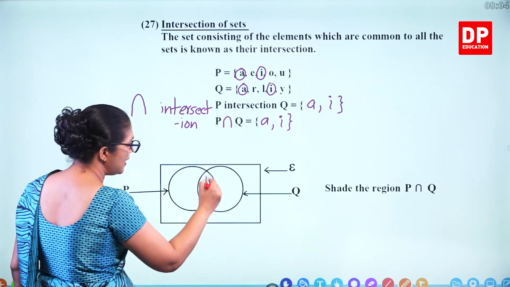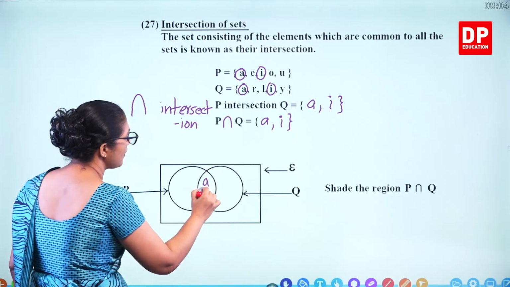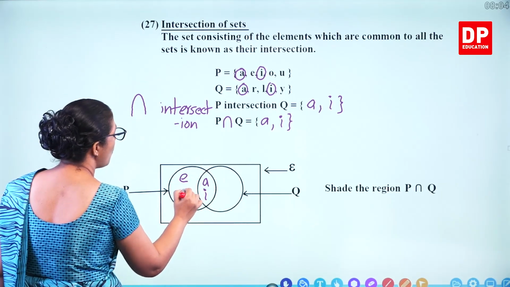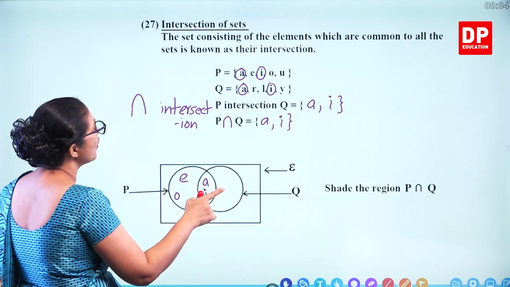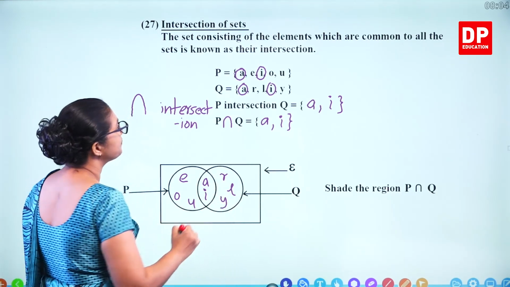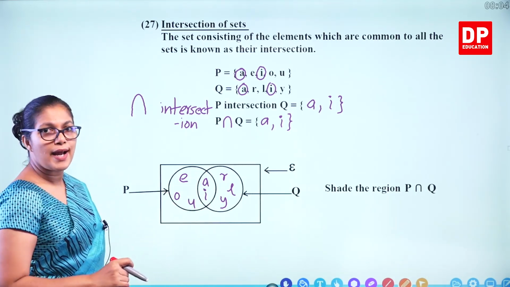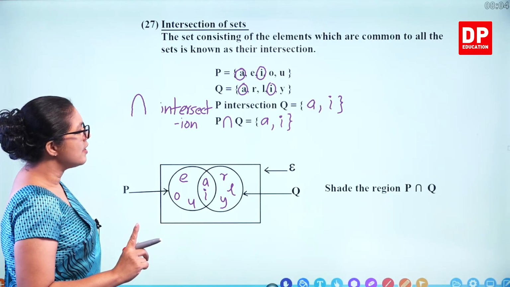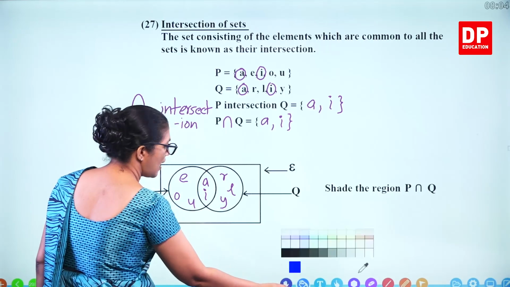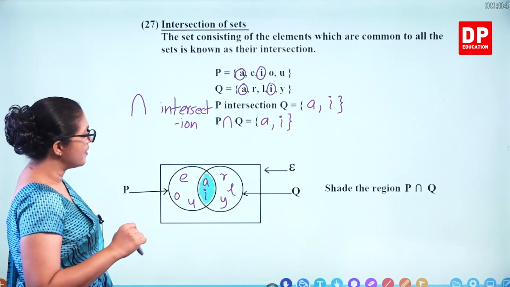We write the common elements in this region: A, I. And for P, you get E, O, U. And for Q, you get R, L, Y. So this is the Venn diagram, and shade the intersection region. Where's the region? You can see this is the intersecting region.